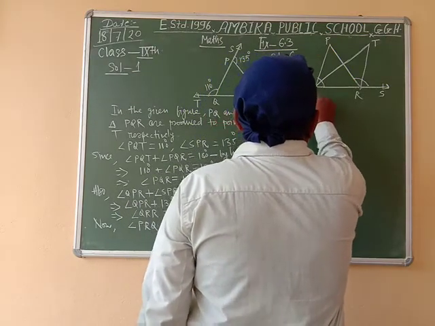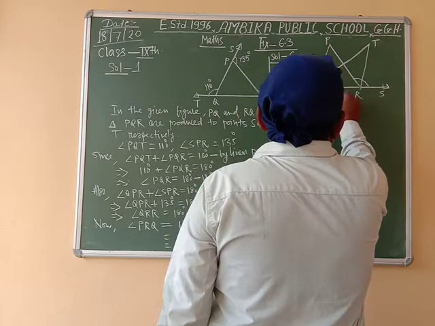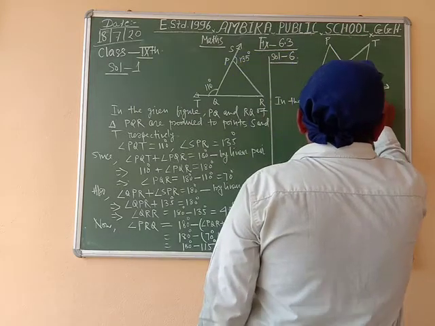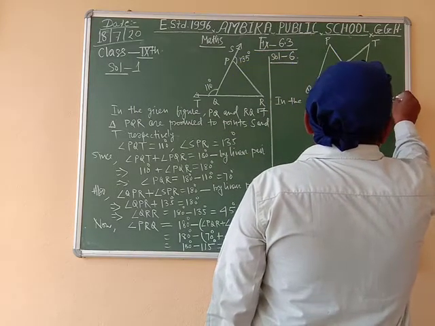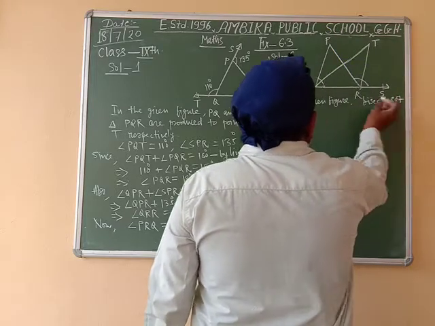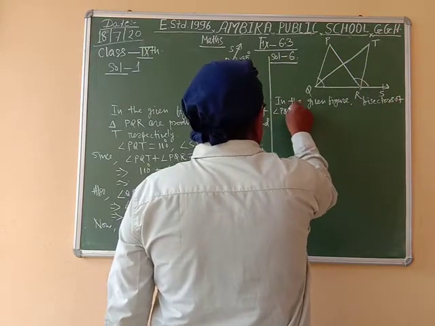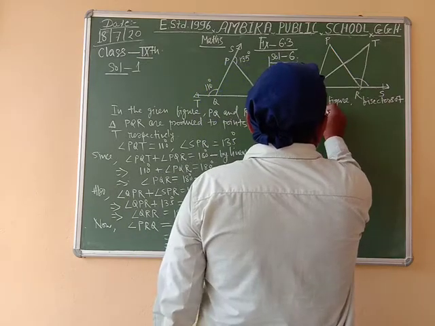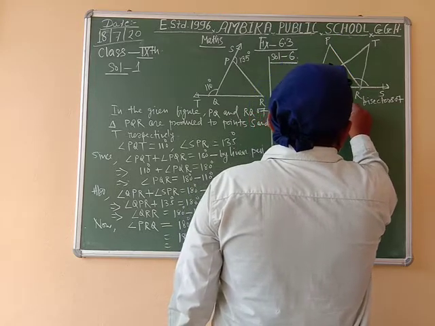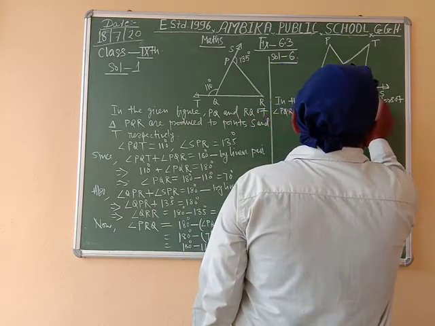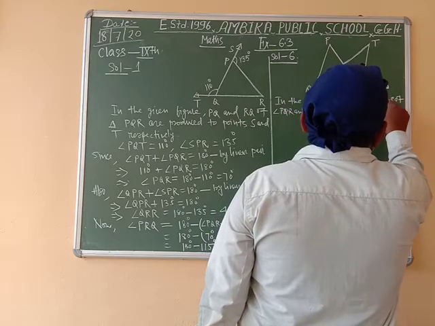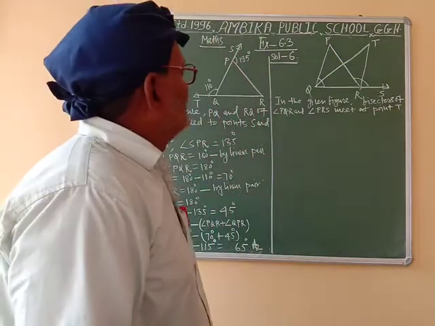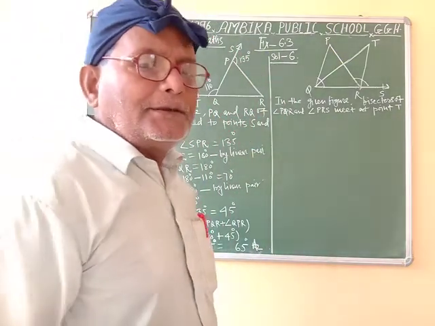In the given figure, the bisectors of angle PQR and angle PRS meet at point T. You have to find the value of angle QTR.